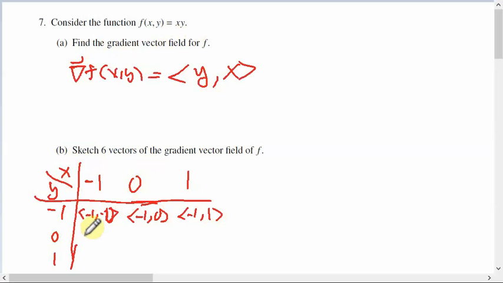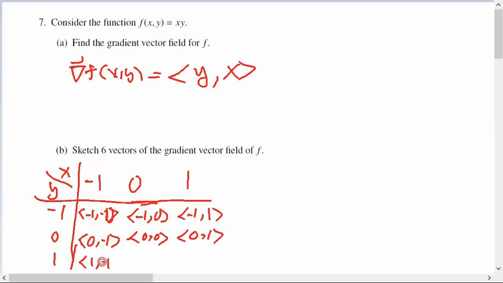And then plugging in 0 for y, that's going to be my first component now, 0, -1, and 0, 0, and then plugging in 1 for x and 0 for y is going to be 0, 1. And like I said, I'll just do this last row.